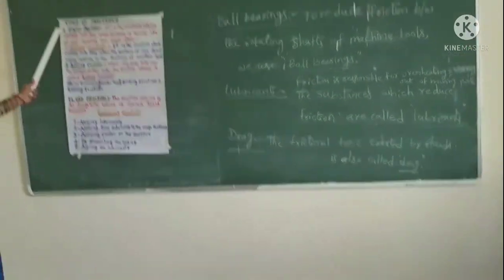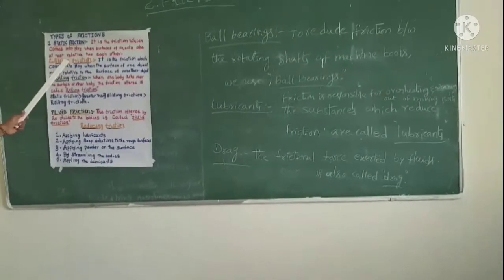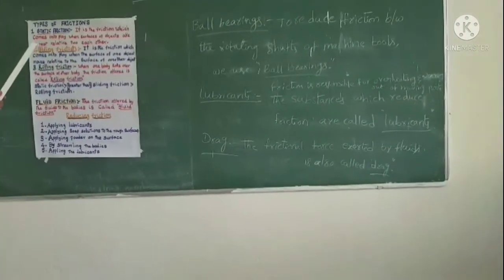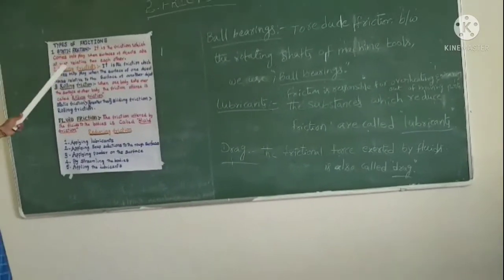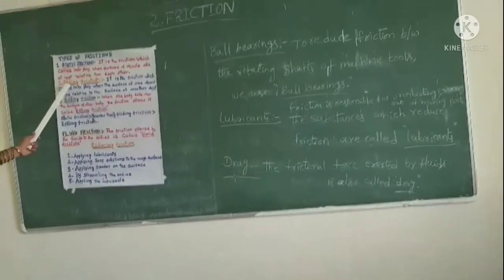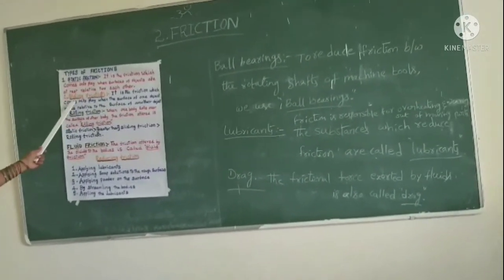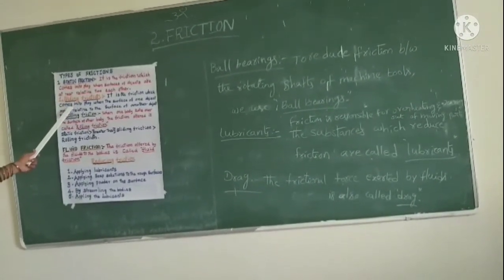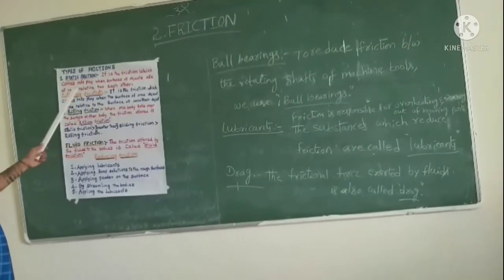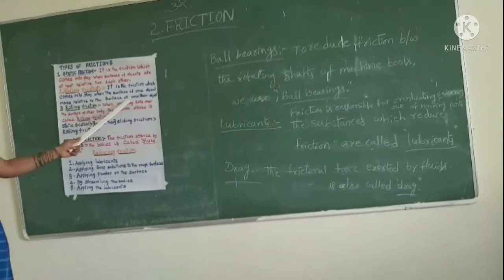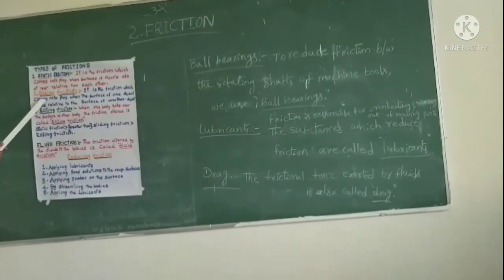Where the object is at rest, the object has static friction relative to the other surface. Another one is sliding friction. Sliding friction is the friction which comes into play when the surface of one object moves relative to the surface of another object.